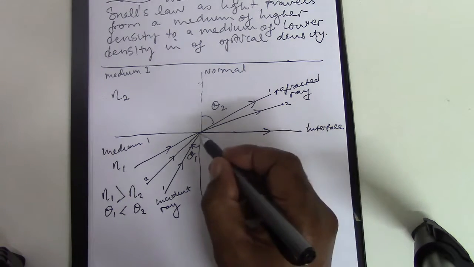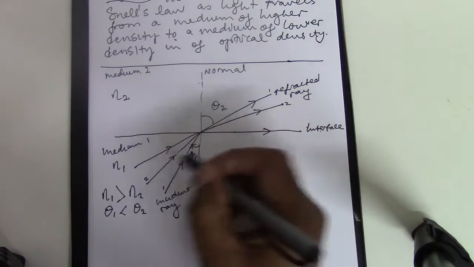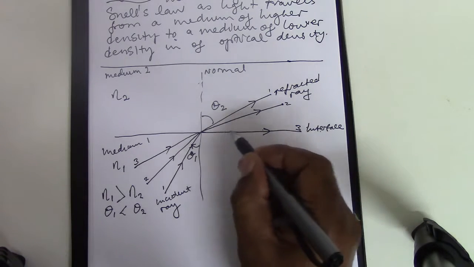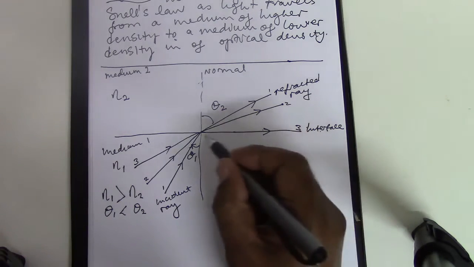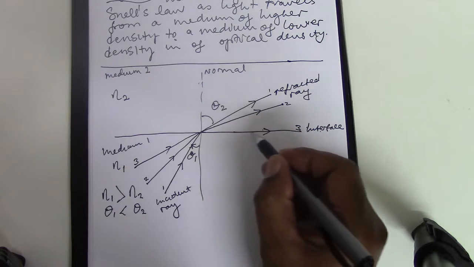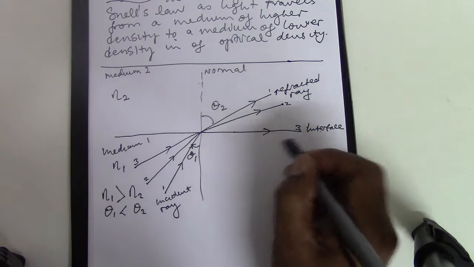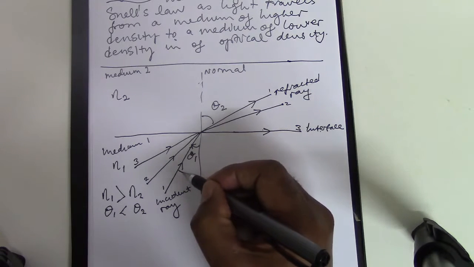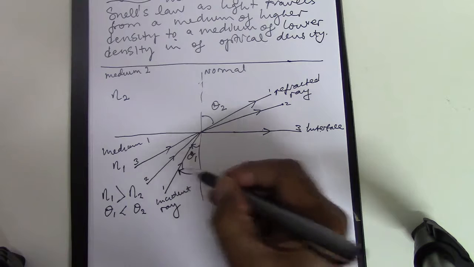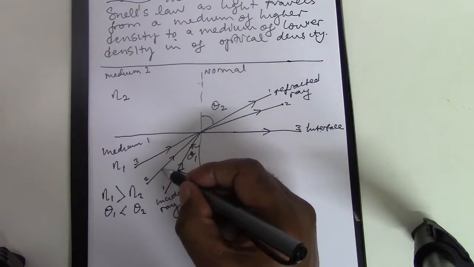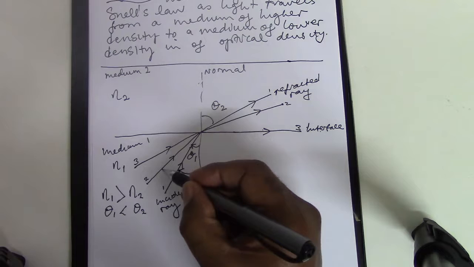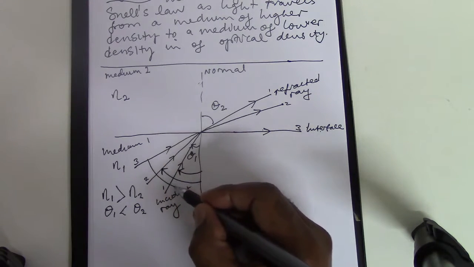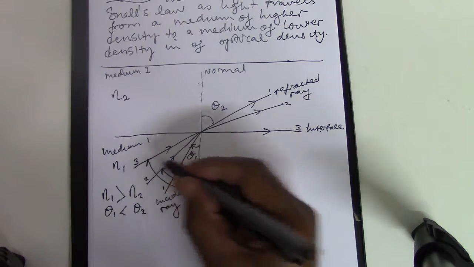Now we can get to a point where the refracted ray lies along the interface. Let's suppose at position 3 the refracted ray lies along the interface. We say this ray is grazing the interface. So we started with this angle of incidence, then we increased it to this angle of incidence, then we increased it to this angle of incidence.